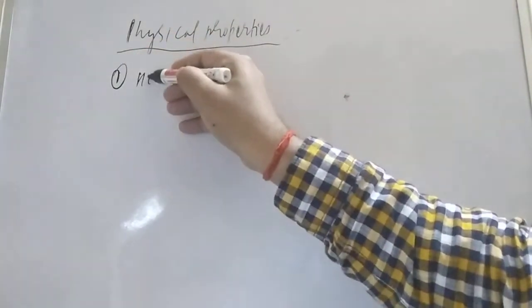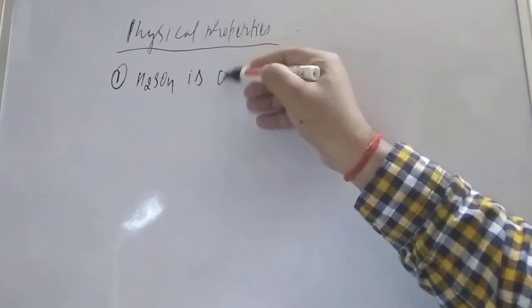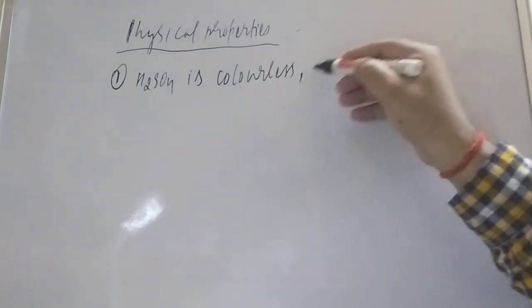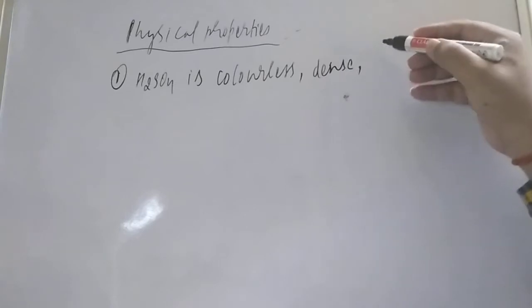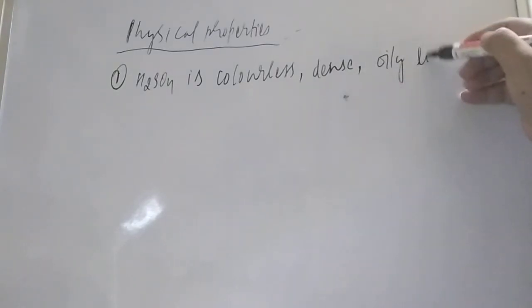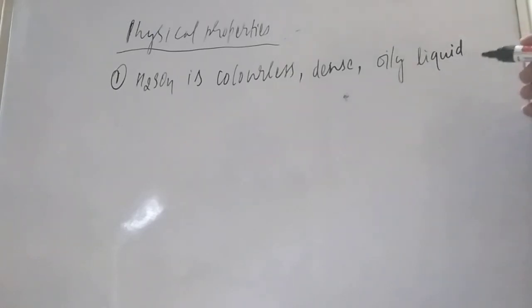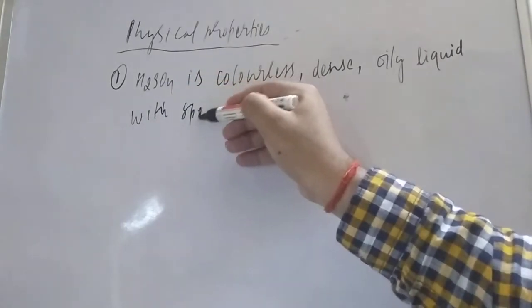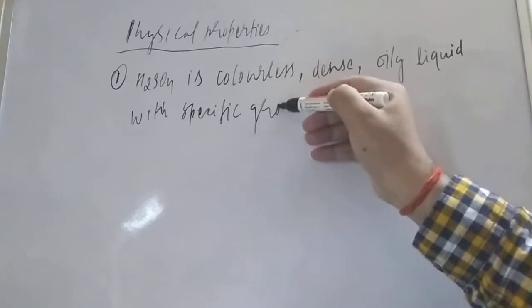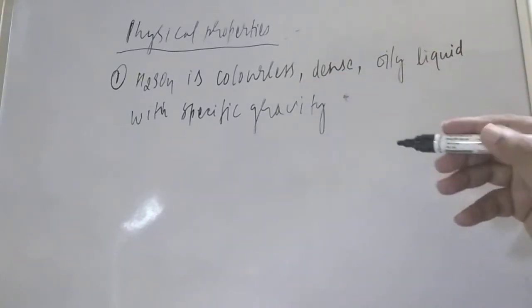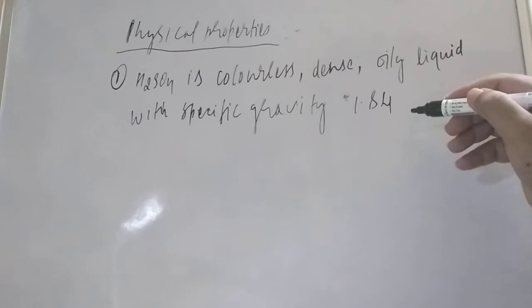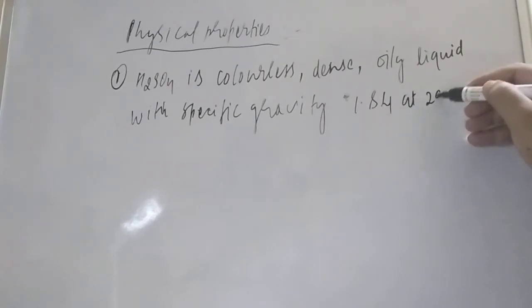Here I am writing the first point: H2SO4 is colorless, dense, oily liquid with a specific gravity, meaning the gravity with reference to pure water, of 1.84 times more, at 298 Kelvin.